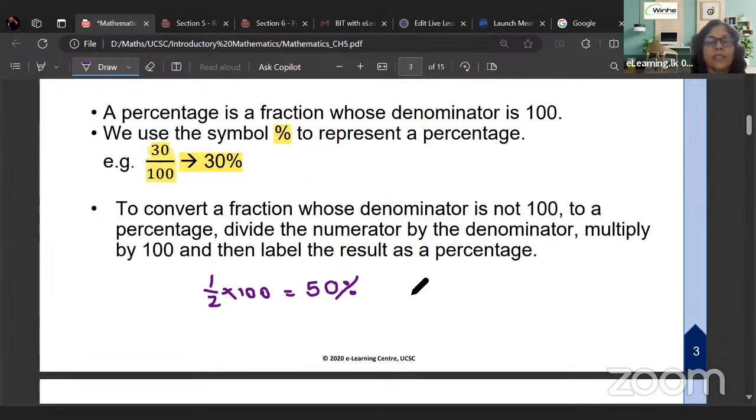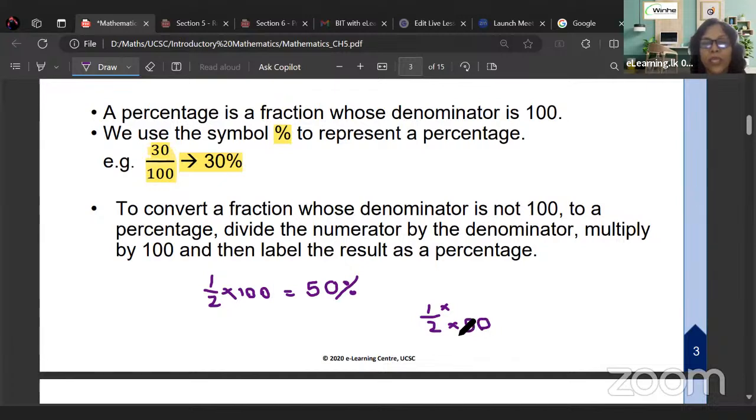Or else, you can multiply the numerator and denominator. First, multiply the denominator so that it produces 100. If you multiply 2 by 50, the denominator will become 100.